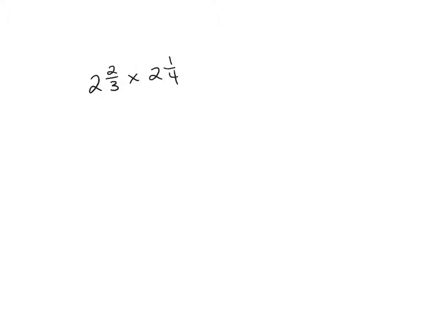If I have 2 2/3, I change that to an improper fraction by multiplying 3 times 2, which gives me 6, and then adding the 2. That's equal to 8/3. I do the same thing with the 2 1/4. 4 times 2 gives me 8, plus 1 gives me 9, so I get 9/4. So I'm multiplying 8/3 times 9/4.